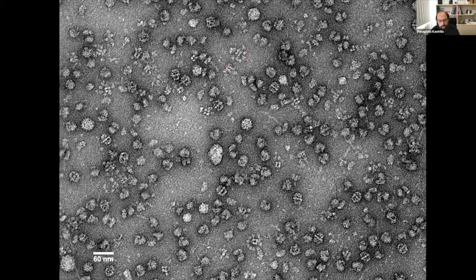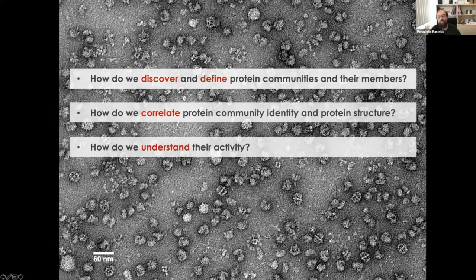And this kind of samples beg for questions, like, for example, how do we discover and define these protein communities and their members? How do we correlate protein community identity with the protein structure? Because with electron microscopy, we see structures, but we don't know what they are.